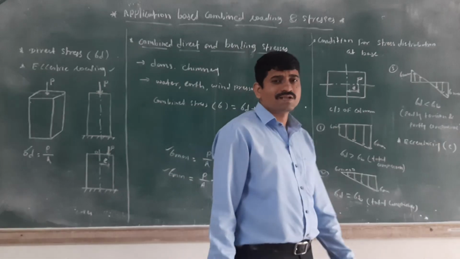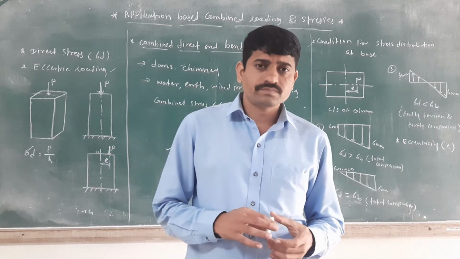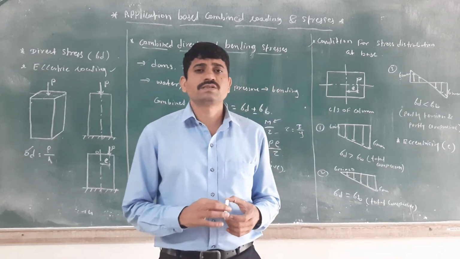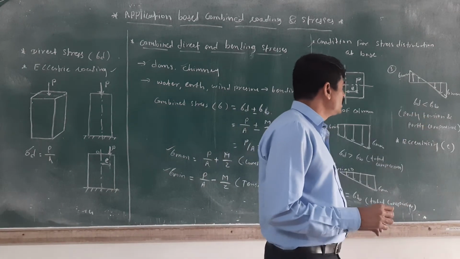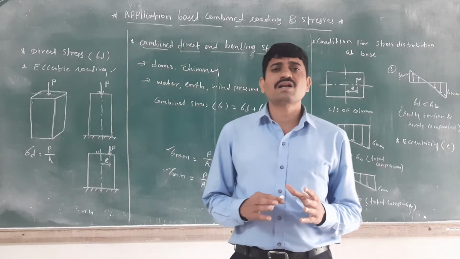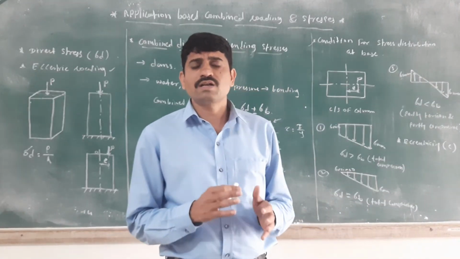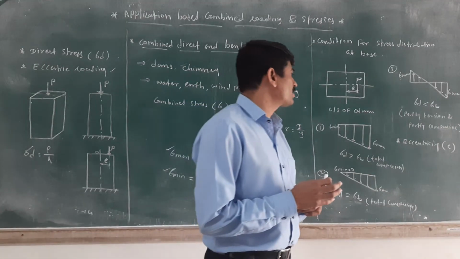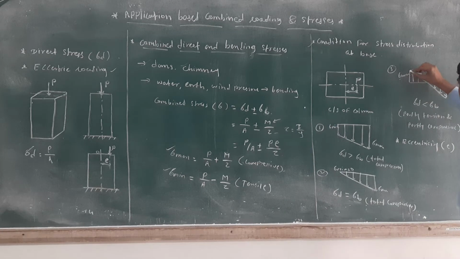And the last condition is when the direct stress is less than the bending stress. Then the stress distribution is partly tension and partly compression. We have seen this in the third unit.